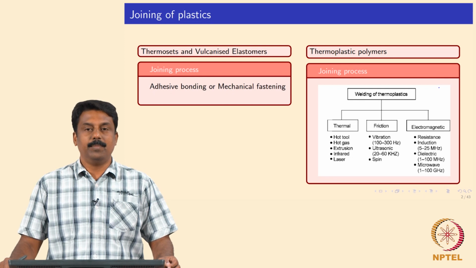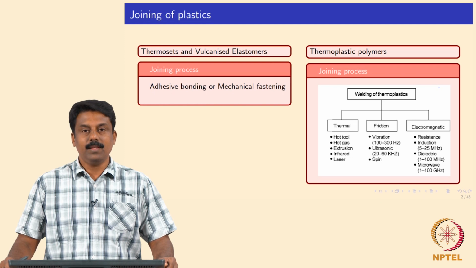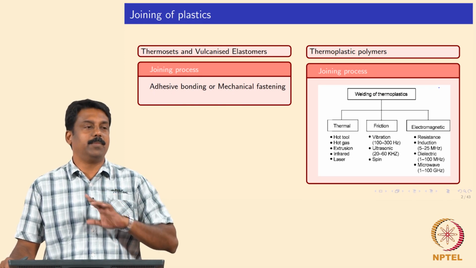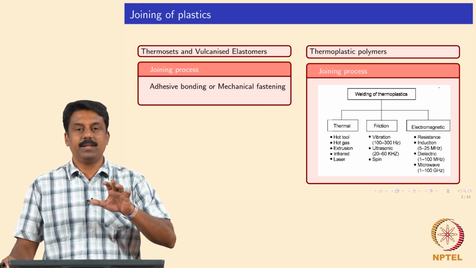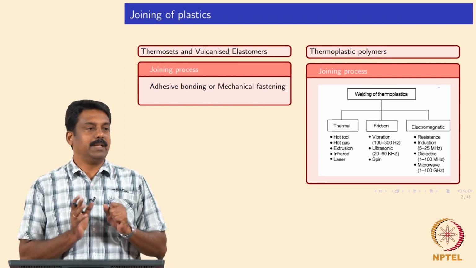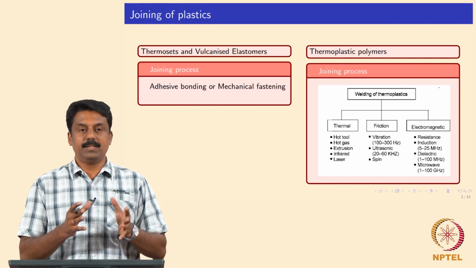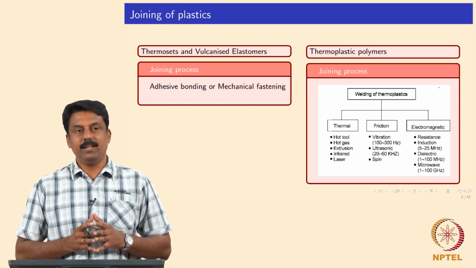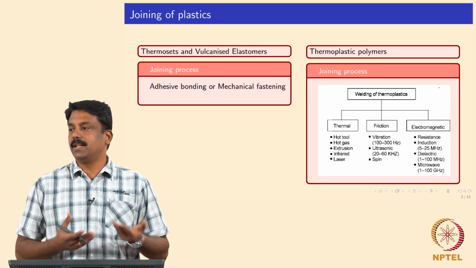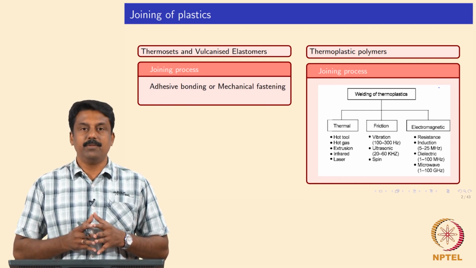For the majority of thermosetting polymers in engineering applications, when you want to join, we use adhesive bonding or mechanical fastening. In most cases, the components actually used in engineering applications are in their final shape, almost like net shape casting. Molding is done, and those components are directly used without any joining. So, we generally avoid joining them because of the difficulties.